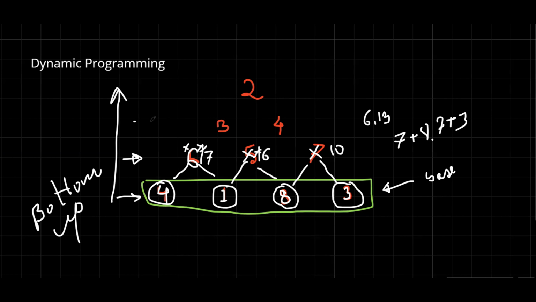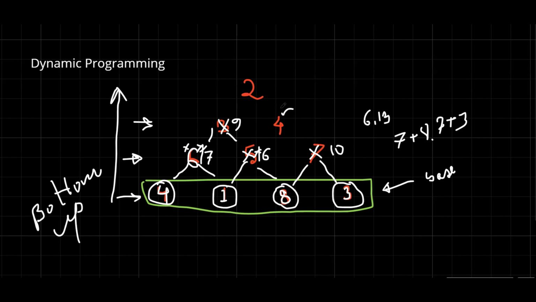Now we are in this row. Currently we are at this element 3, and to reach the bottom from this 3, we pay the minimum of 3 plus 7 and 3 plus 6, where 3 plus 7 is 10 and 3 plus 6 is 9. So the minimum is 9, and we replace the value 3 with 9.